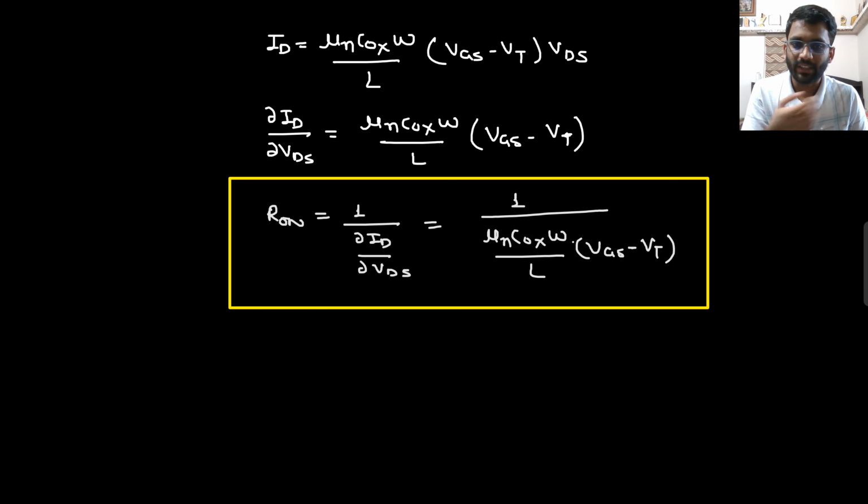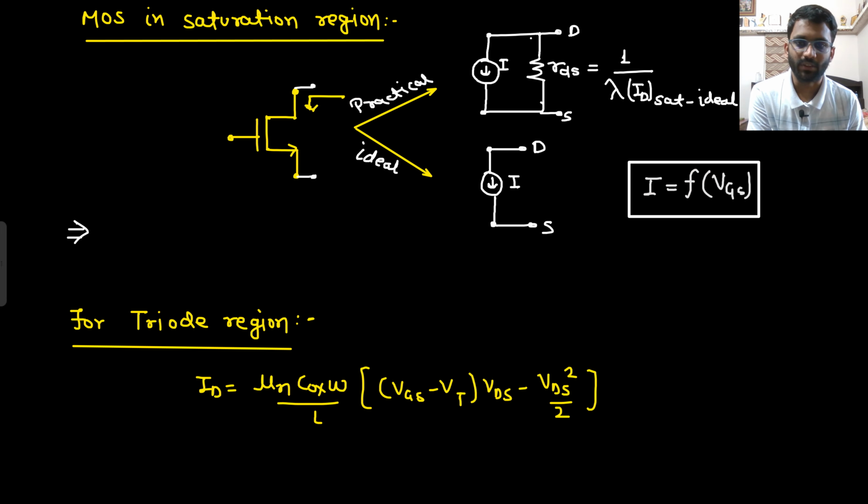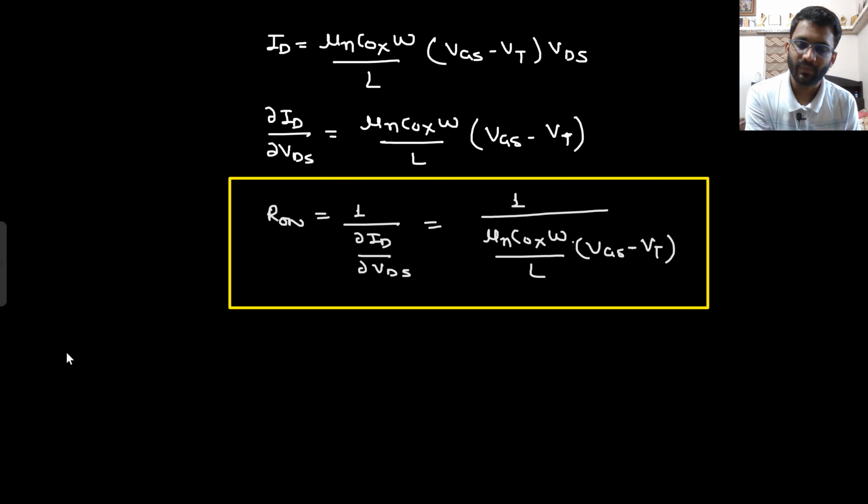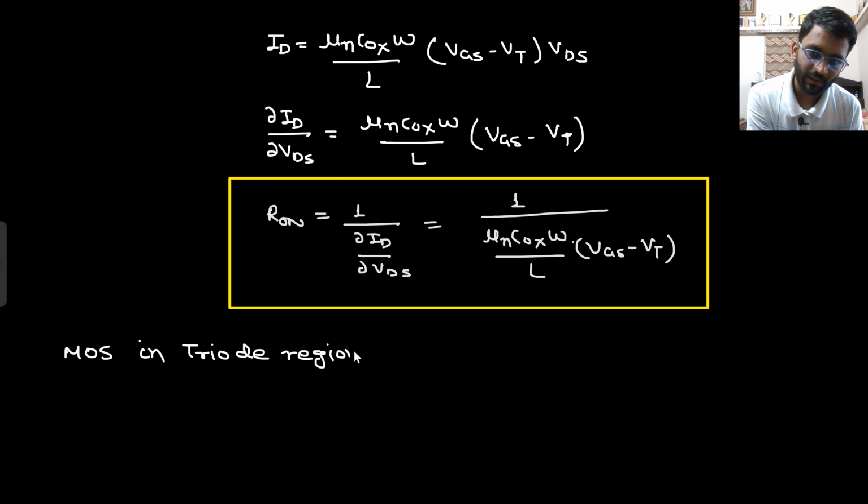Okay, so this was the summary of this lecture. And one more thing I need to show, that is how I will show the MOSFET in saturation region. Like here I showed the MOSFET in saturation region, so here I will show the MOSFET in triode region. It will be replaced with a resistance.